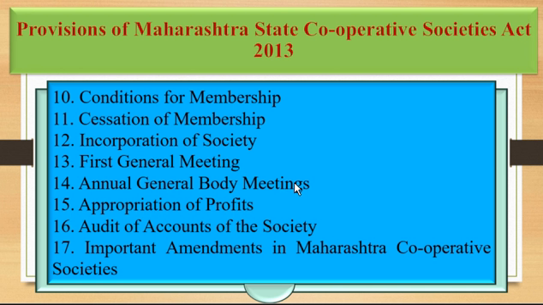The remaining 75% of the net profit of the society shall be utilized as provided under Rule 50, 51, 52, 53 of MCS Rules 1961.